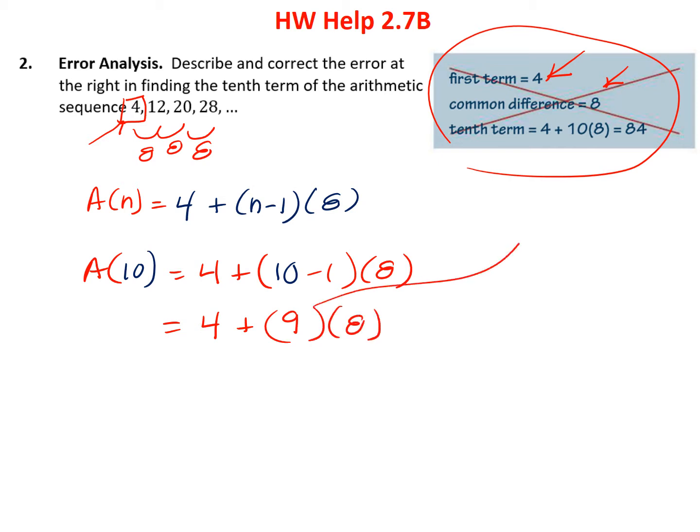They put 10 there instead of n minus 1, which should have been 9. And that's the mistake they made. So this is going to be 4 plus 72, or the 10th term will be 76. So remember, you start with the beginning. Your next term is n minus 1. So if it's the 10th term, it'll be 9 times 8. If it's the 11th term, then it would be 10 times 8.